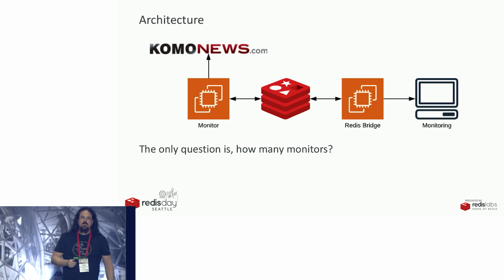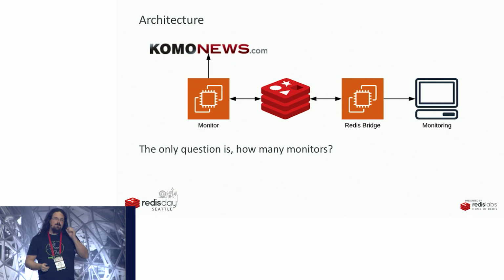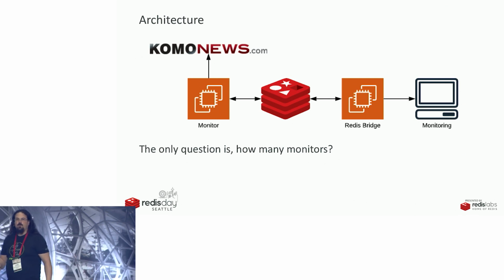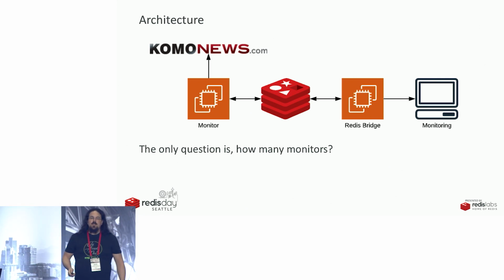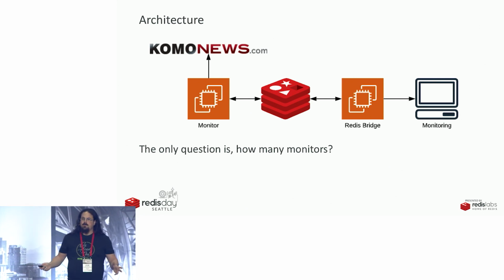All of them calculate an MD5 hash of those front pages. That hash changes when even one bit on the screen changes. So now we know when an update happened. Every time an update happened, this monitor figures out which story or stories are new based on that Redis cached entry, puts it through what I'm calling the Redis bridge, and that's what my demo is going to be here in a second, to any kind of a monitoring system. Any kind of a monitoring system, all right?